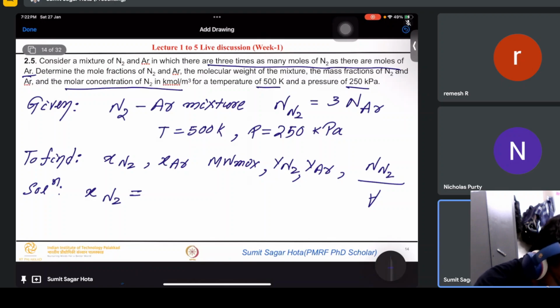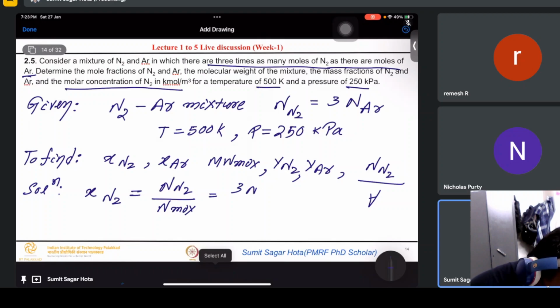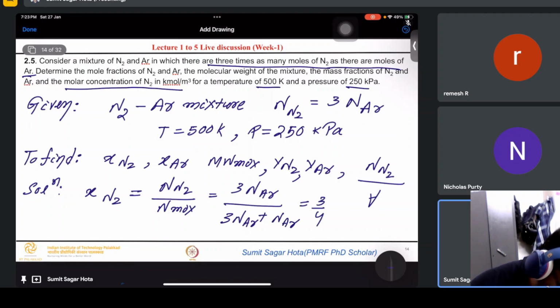What is the case here? n of N2 is 3 n of argon. Then x of N2 is 0.75, and x of argon is 1 minus 0.75, which is 0.25.